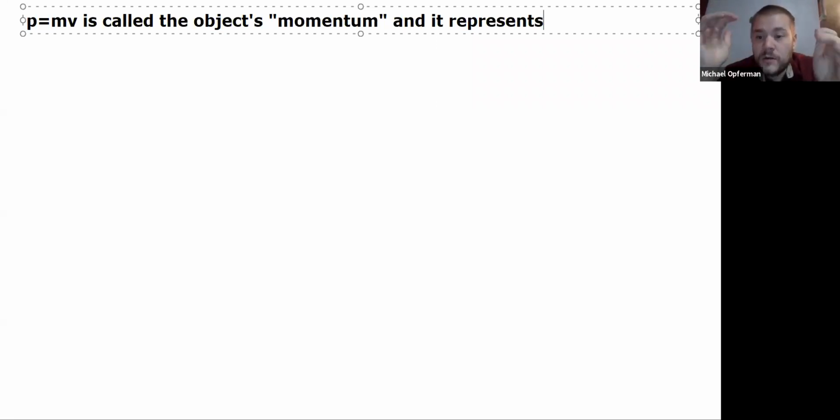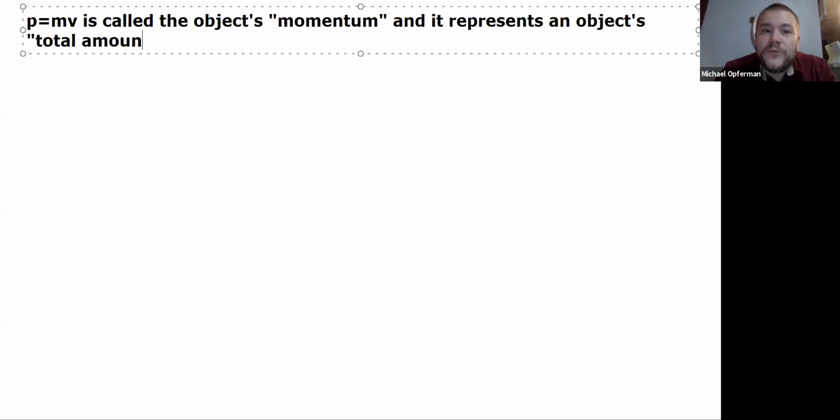What does it mean in words? The way I would say it is it represents an object's total amount of motion. If it makes any sense to ask the question, how much motion does this object have? The answer to that question would be the momentum.